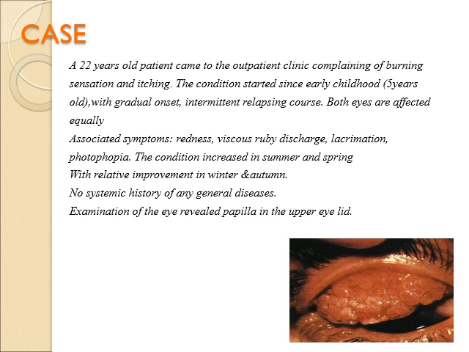Both eyes are affected equally. The symptom is associated with redness, ropy discharge, lacrimation, and photophobia. The condition increases in summer and spring and improves in winter and autumn. He has no history of other general disease, and examination reveals this picture.